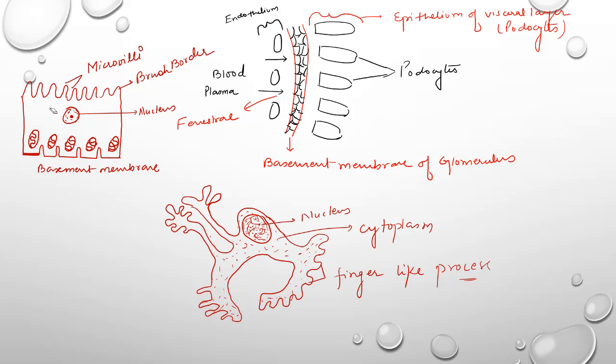That is why they should have a good amount of enzyme, and that is why they have Golgi bodies as well. So this is the proximal convoluted tubule. You can see it in the closet.